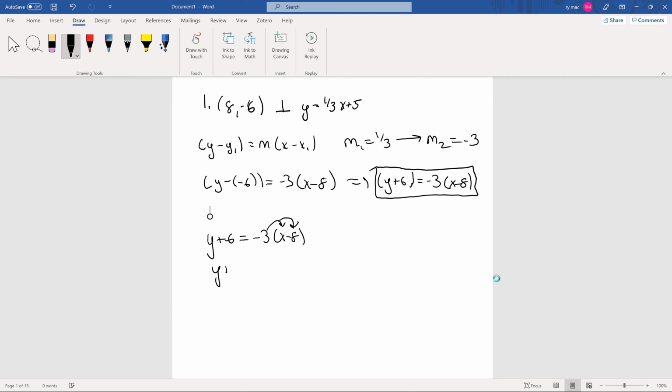I get y plus 6 is equal to -3x plus 24. Minus 6 on both sides, y is equal to -3x plus 18. And that is your answer for number 1.